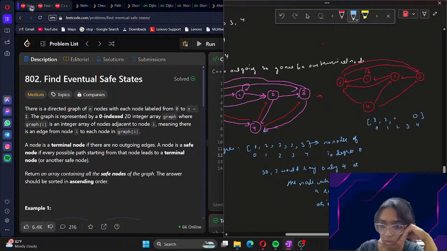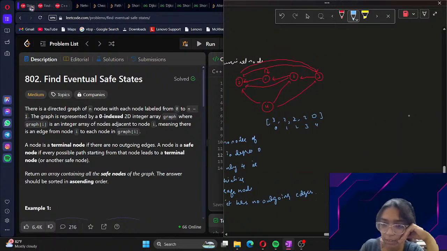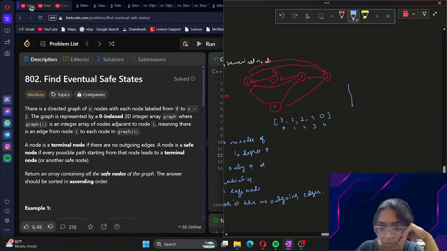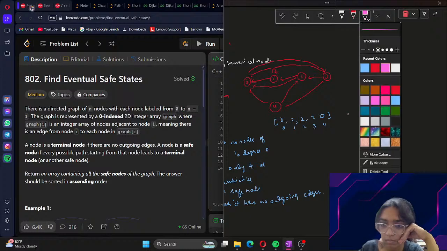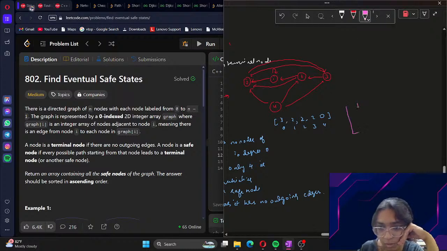In degree of 2 is gonna be again 2. In degree of 3 is gonna be 2. So here if we apply topo sort, then first we're gonna push node 4.